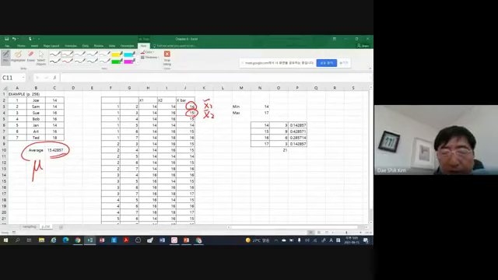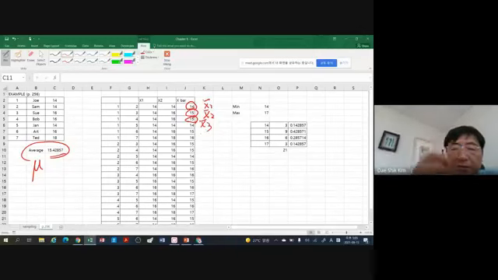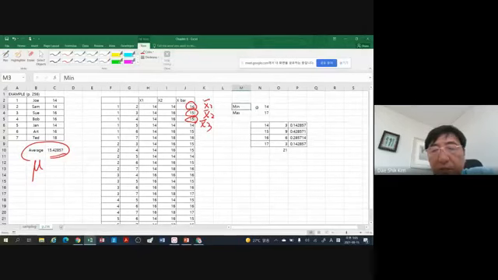We will continue; in the end we have 21 samples. So this is x3 bar, and so on. If you repeat and repeat, I get this. The minimum is the minimum of J3 to J23, and the maximum. The values are 14, 15, 16, 17.